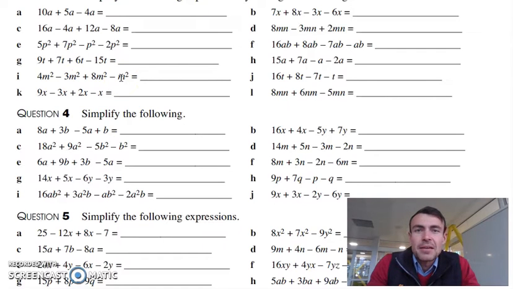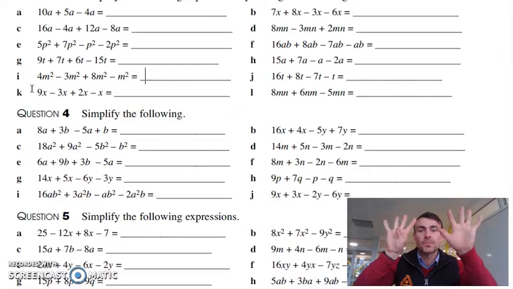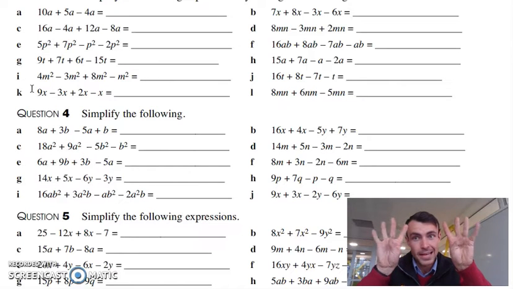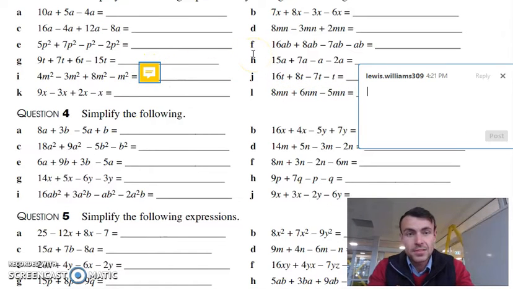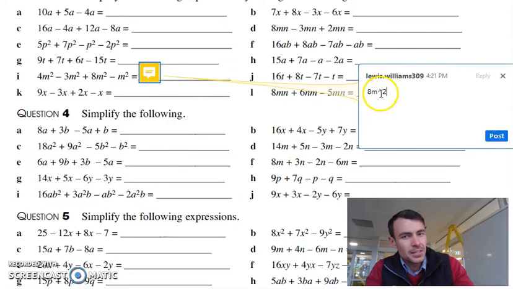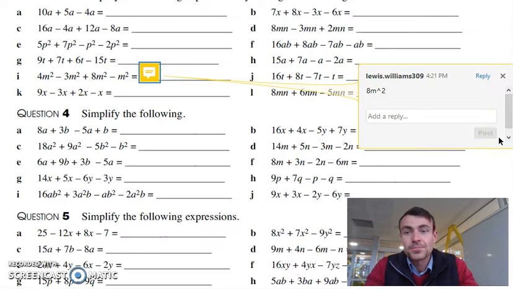So I start with 4, take away 3, add 8, and then take away 1, and I'm left with 8. I would write the answer 8m squared. I have to use the little up arrow here to show the squared, but if you're writing with pen and paper, you can just write a little 2 up the top. And so that satisfies the equation.